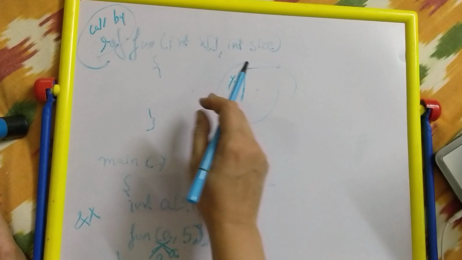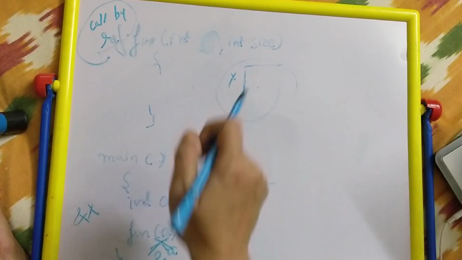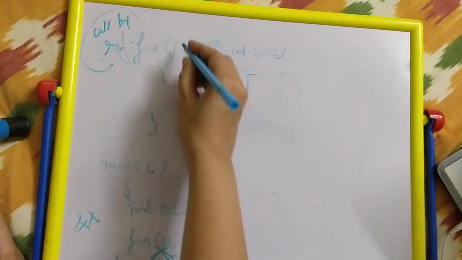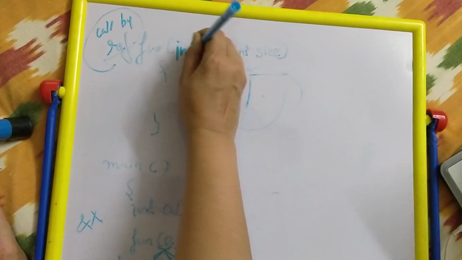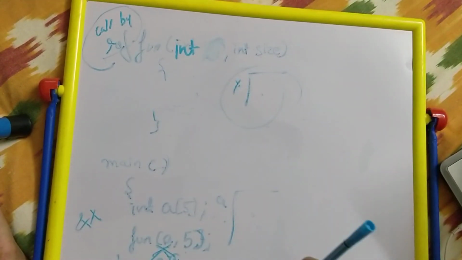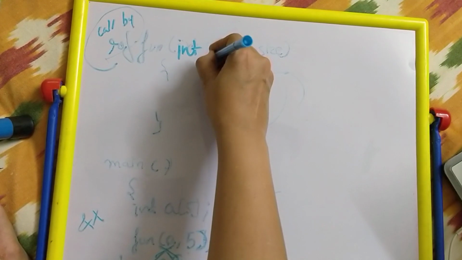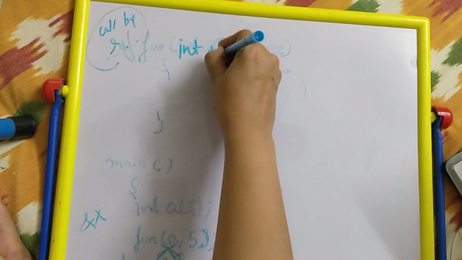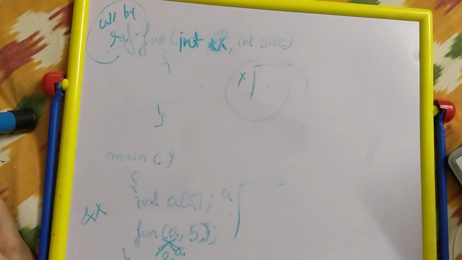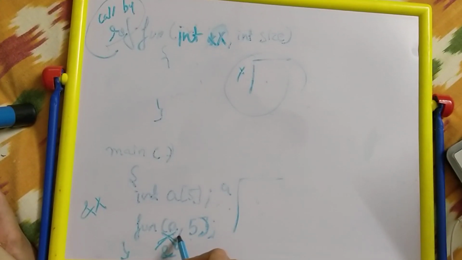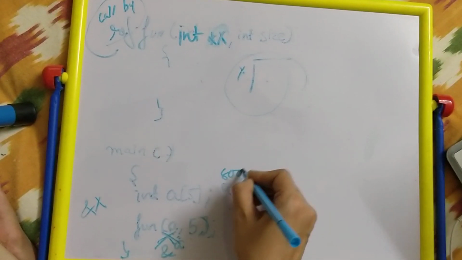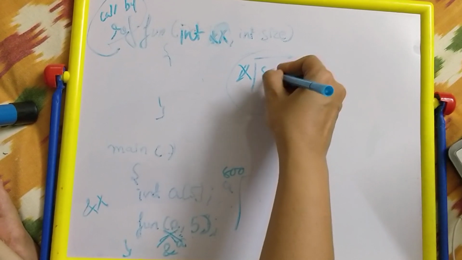Right? Now the change would be in the header of your function, where instead of simply writing integer X and square brackets, you will write integer star X. So this will be a pointer that will catch the address of the first element. So if this is 800, X will contain 800.